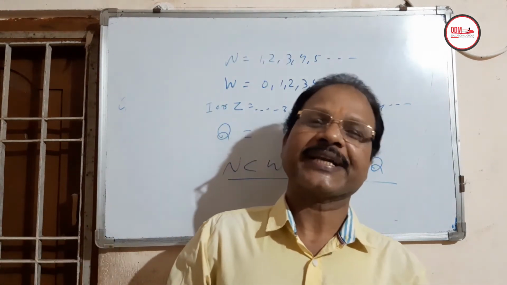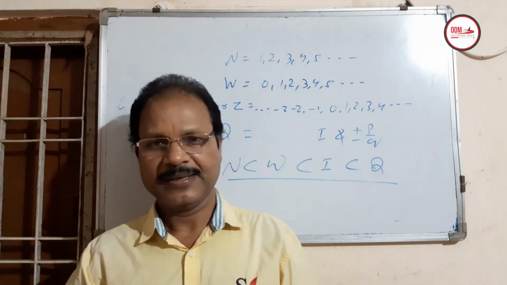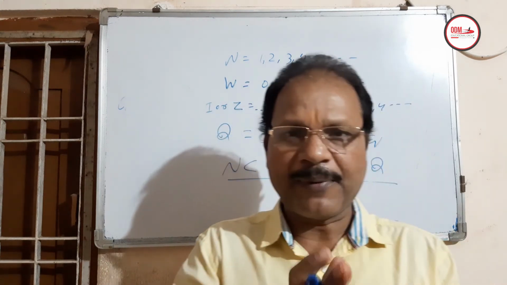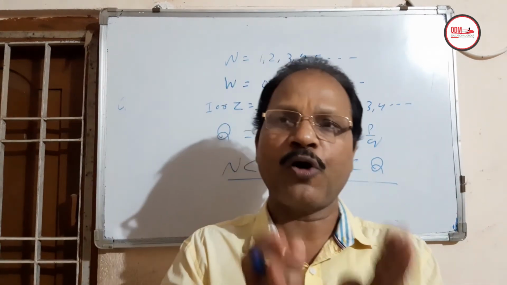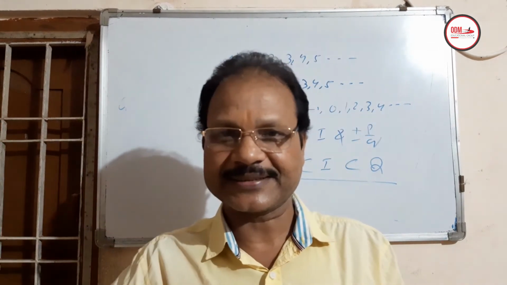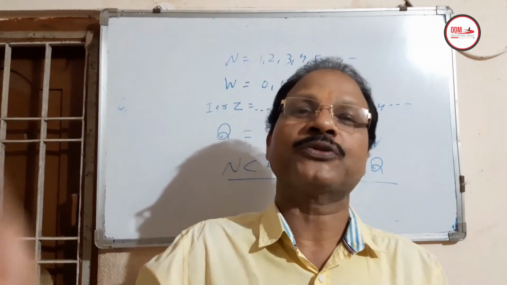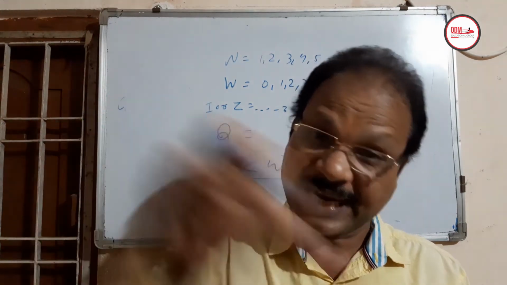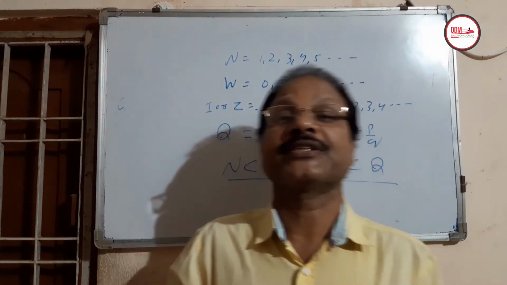What is called a rational number? If a number is represented in the form of p by q, where p and q are integers and q is not equal to 0, then that type of number is called a rational number.